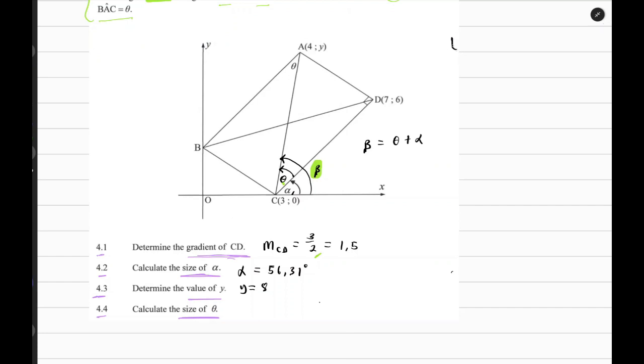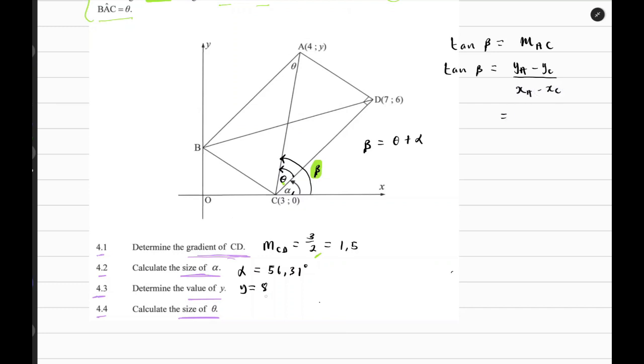We can say tan beta equals the gradient of line segment AC. So tan beta equals (yA minus yC) over (xA minus xC).